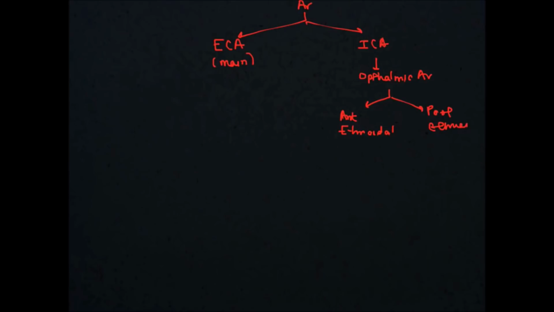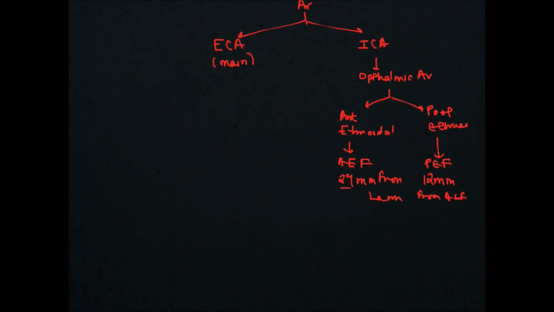Anterior ethmoidal artery leaves the orbit and enters the nasal cavity by the anterior ethmoidal foramen, 24 millimeter from the nasolacrimal crest. Posterior ethmoidal artery enters the nasal cavity from the posterior ethmoidal foramen, 12 millimeter from the anterior ethmoidal foramen.